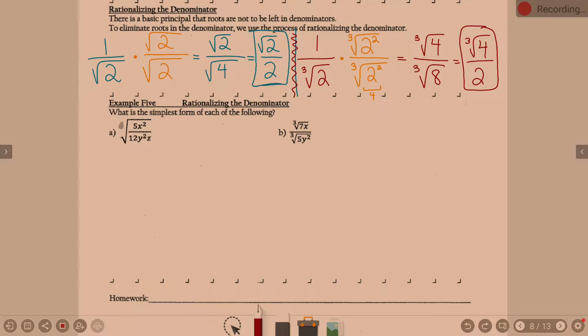Okay. Let's attempt this bottom one. Now, I changed it to a square root. Everyone saw that, right? Square root of 5x squared over 12y squared z.